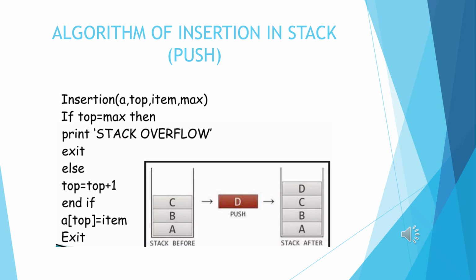First it checks whether the stack is full. If the stack is full, it prints stack overflow and exits. Else it increases the value of top by 1, which creates a new top position. After that it stores the item at the top.